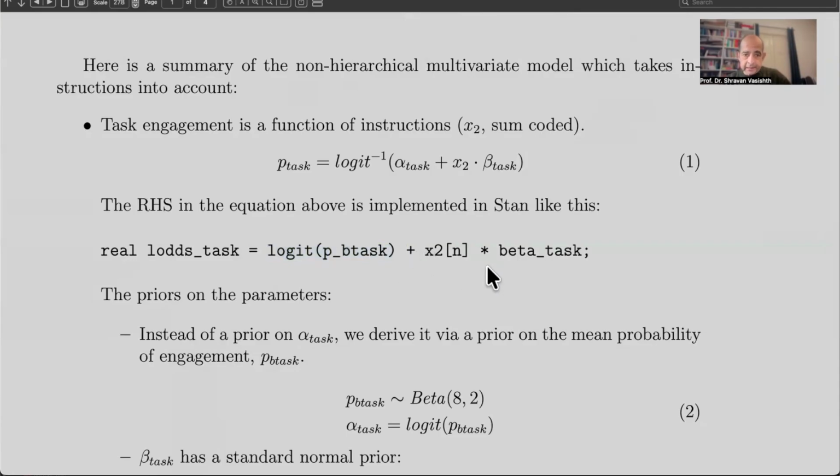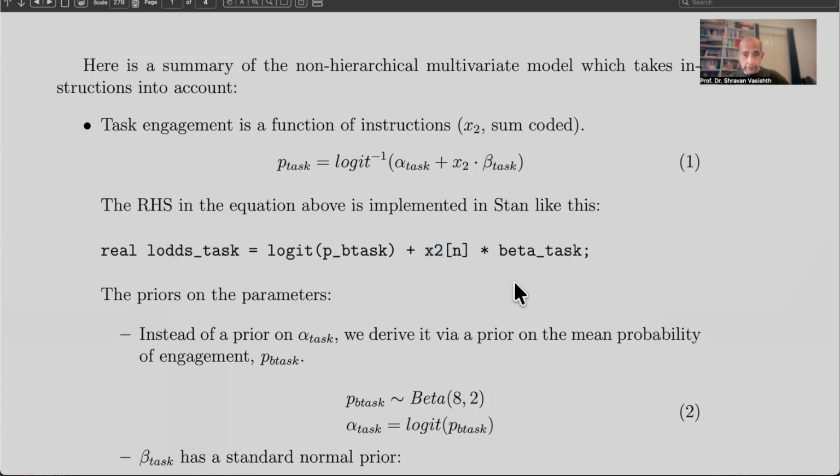Okay. And this is the second part of the equation. This is in log odds space. Beta task is defined in log odds space. And this is the type of instruction being given. Okay. So what you end up with, because there are n data points in the data frame, you're going to end up with a vector of values depending on what the value of x2 is.